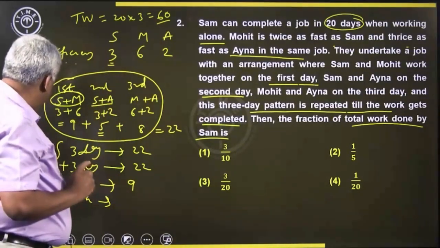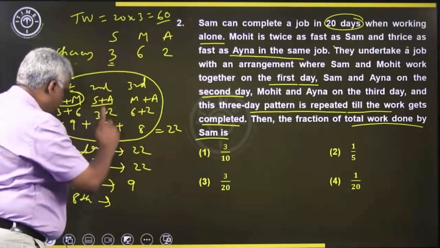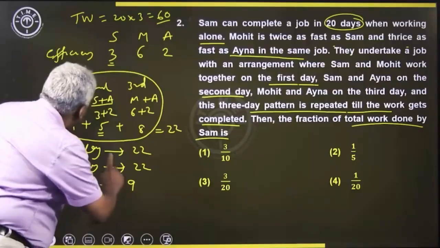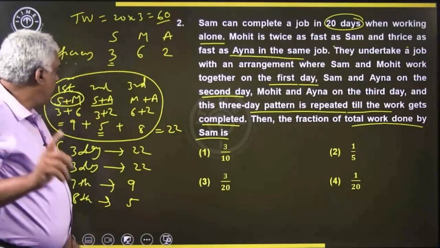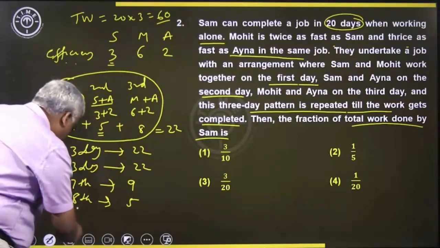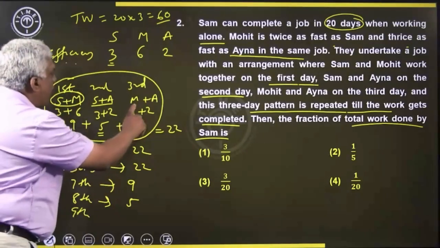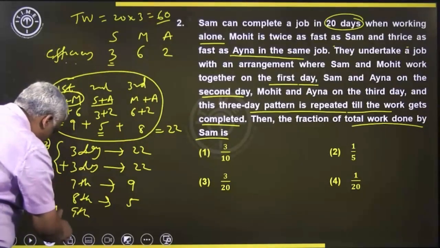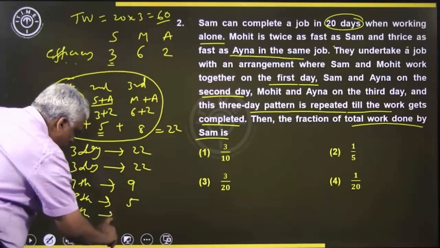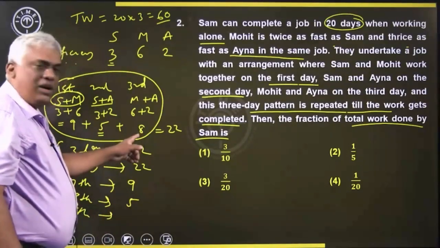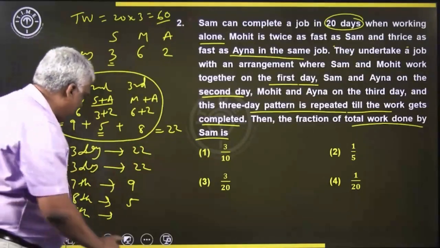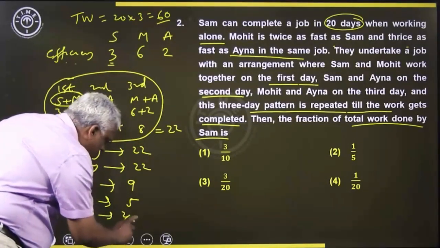That will be 5 units of work. Now 2 more units of work are left, that will be done on the 9th day. 9th day who will come? M plus A. So 2 units of work, and they will not take the whole day, they will take 2 by 8 days. Anyway, we do not need this calculation.